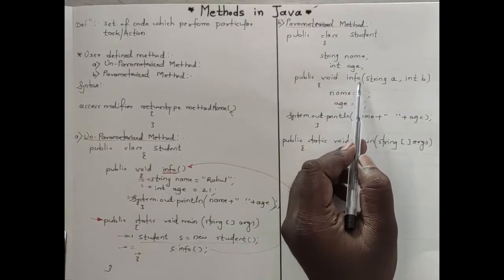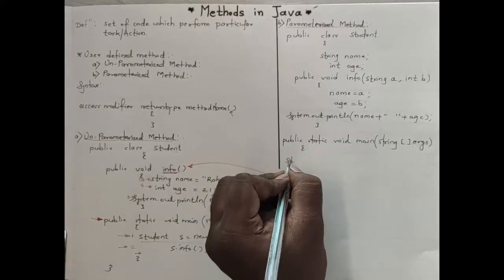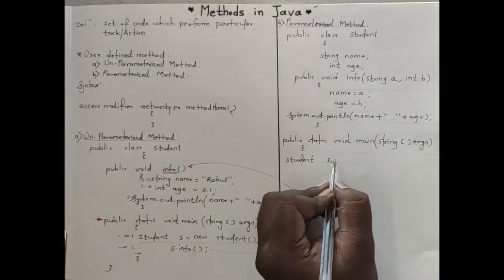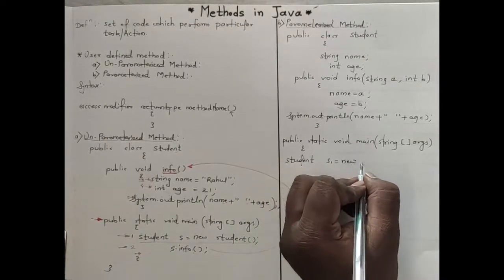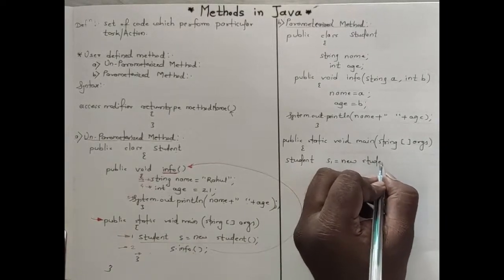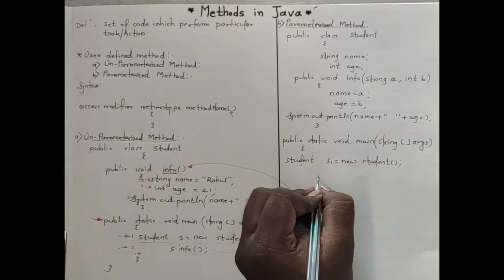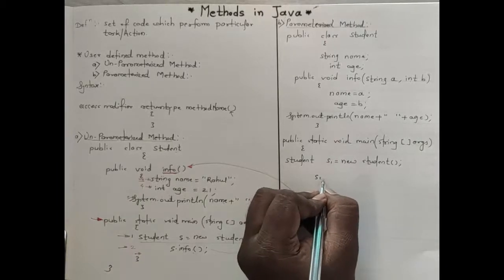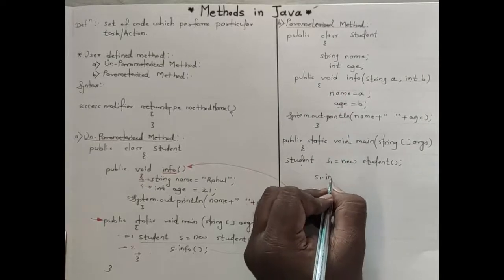We know that we need object creation. So the class name is student, student s1. I'm using s1 as a reference variable, is equal to the new keyword and the constructor, which is the class name, student. So s1 dot, what is the method name? info.